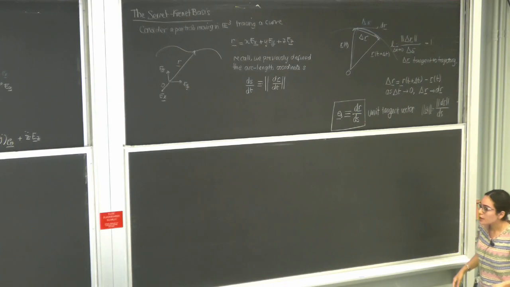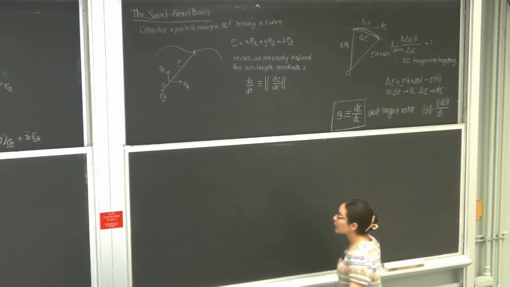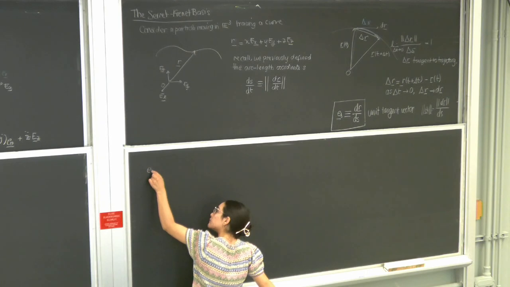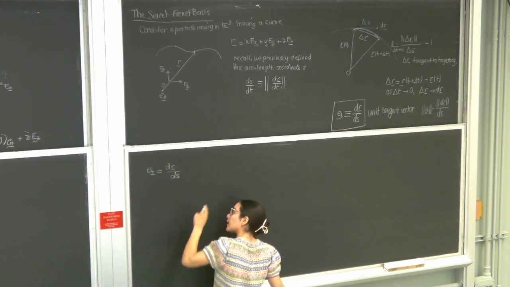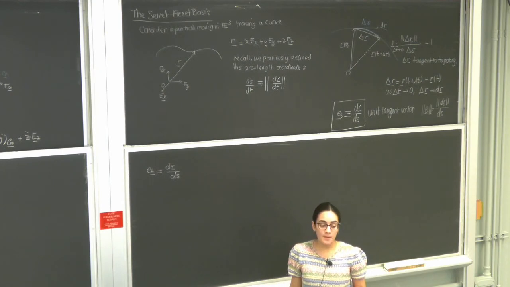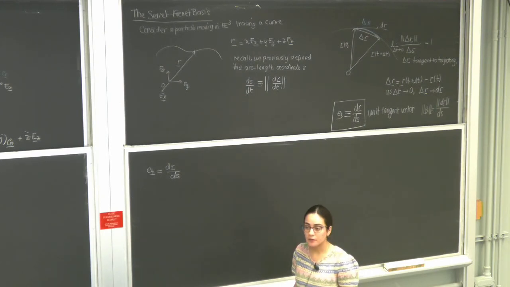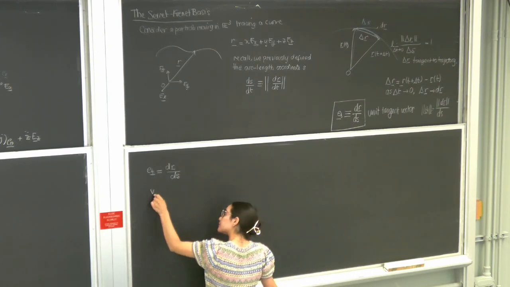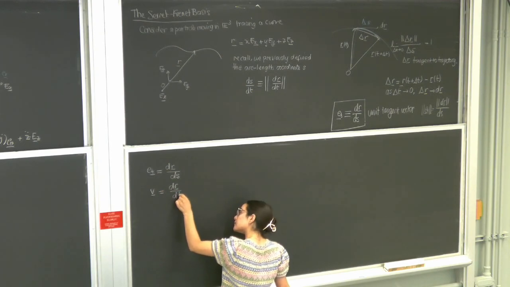Oops. So we have this unit vector e_t equals dr by ds. We're probably going to be interested in calculating the velocity of the particle. So v is equal to dr by dt.